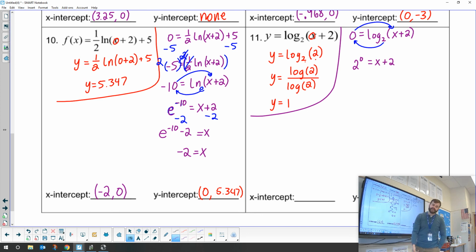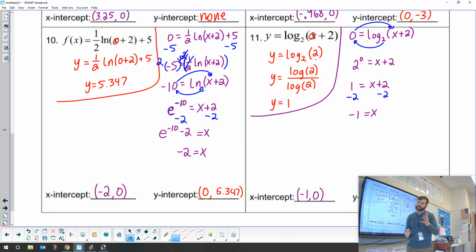Anything to the power of 0 is 1. You can plug that into your calculator too. 2 to the power of 0 is 1. So we get 1 equals x plus 2. Then we're just going to minus 2 to both sides, and we're going to get x equals negative 1. So just like that. Bing, bang, boom. X equals negative 1. That's my x-intercept, negative 1 and 0.